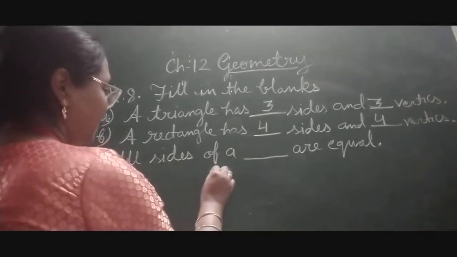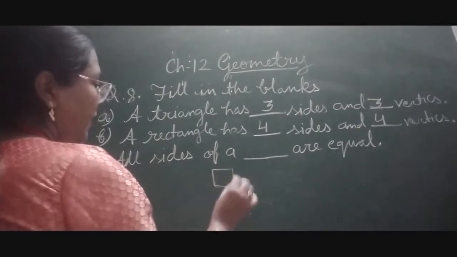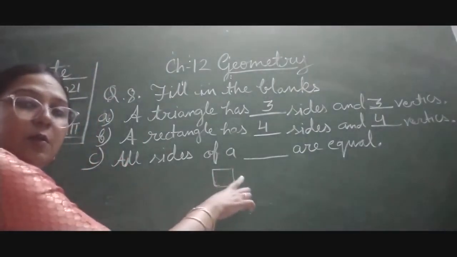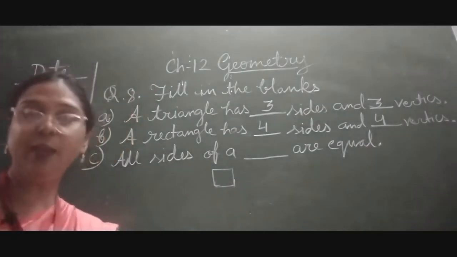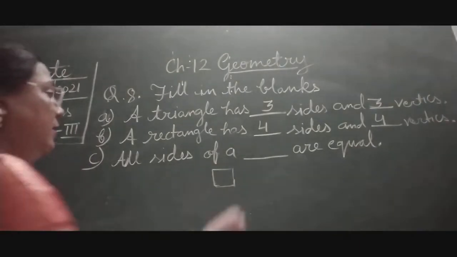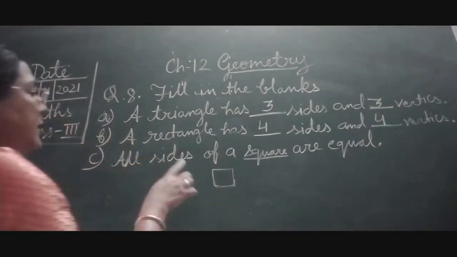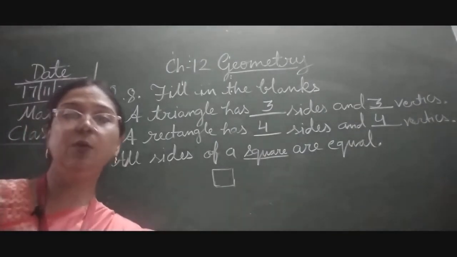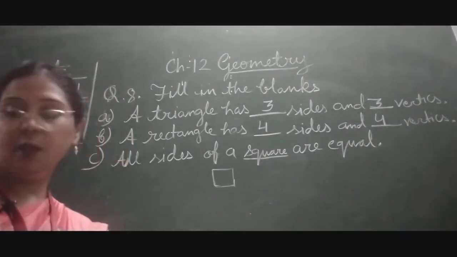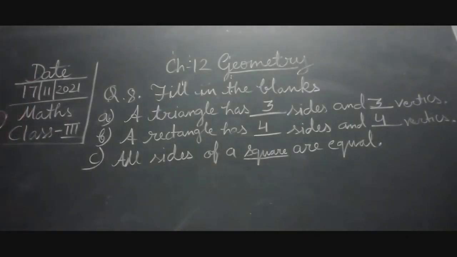You can see a square, and if we look at this square, we will see that 4 sides are equal. What are its four sides? They are equal. Okay. So this is a square. So we will write over here square. All sides of a square are equal. What are the four sides of a square? They are equal. Okay, so write it down: all sides of a square are equal.